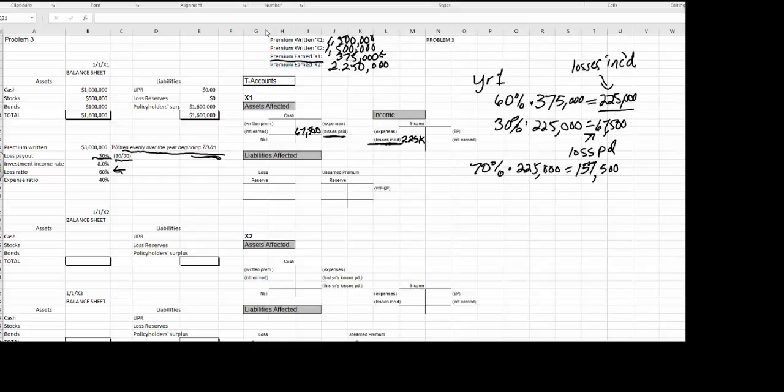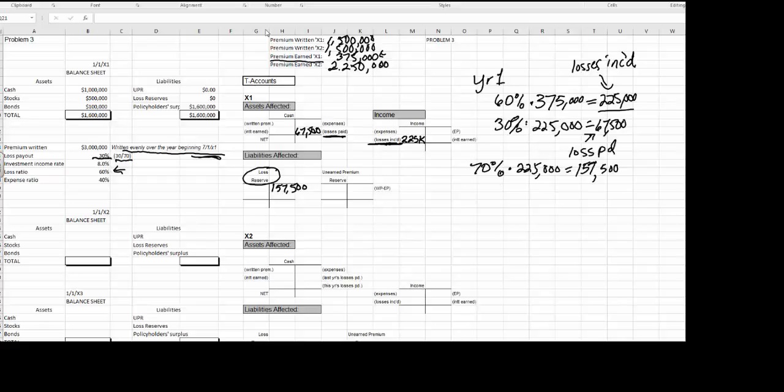And we increase or credit, we're on the liability side, our loss reserve here for the difference of 157,500. So we're setting up a loss reserve for what we know has been incurred but we haven't paid yet. And that's how we deal with the loss reserve.